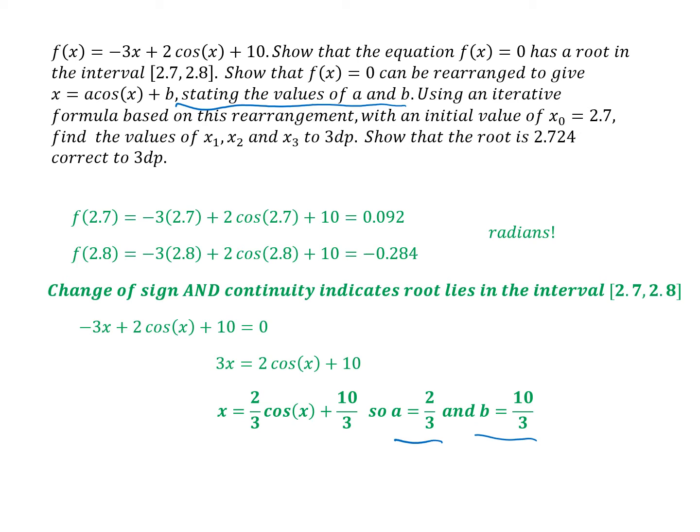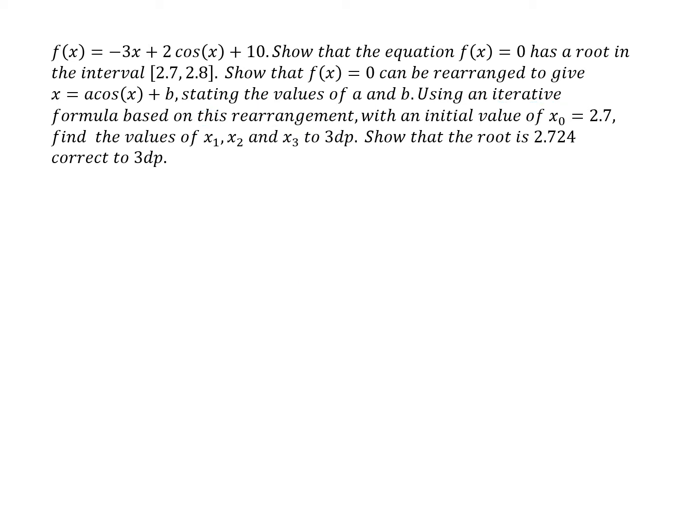Okay, so now we need to use an iterative formula based on this rearrangement. So that's the rearrangement. We convert that into an iterative formula by putting an xn there and an xn plus 1 there.